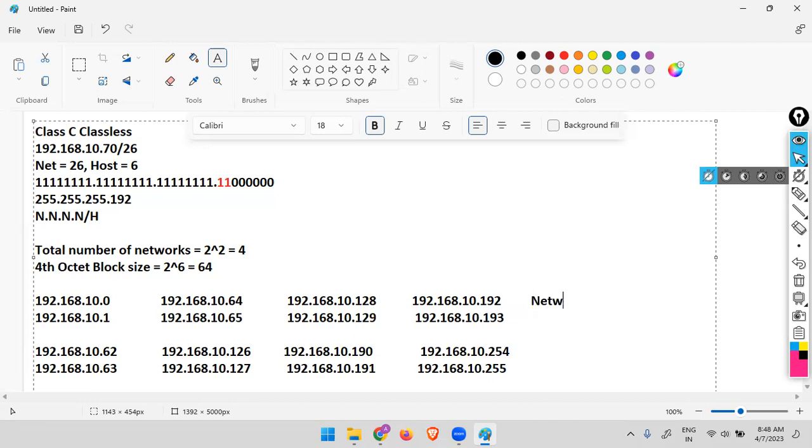So we have the network ID, first valid IP, last valid IP, and the broadcast address.